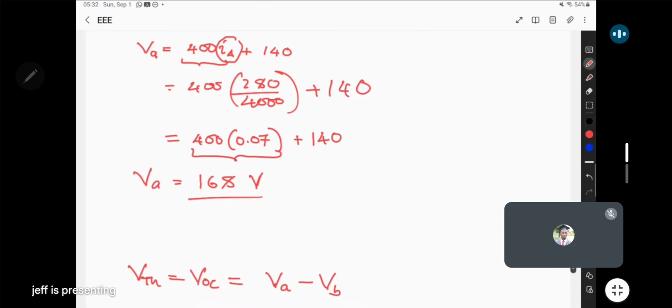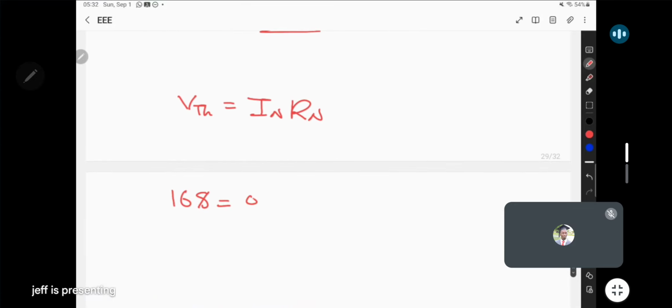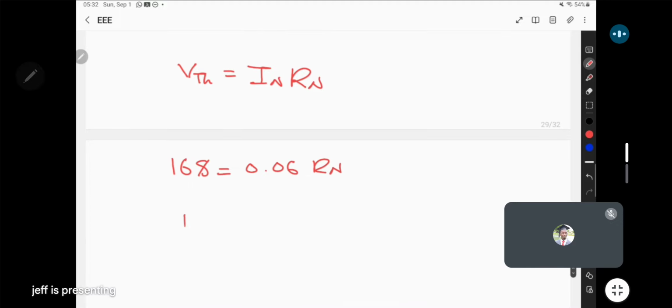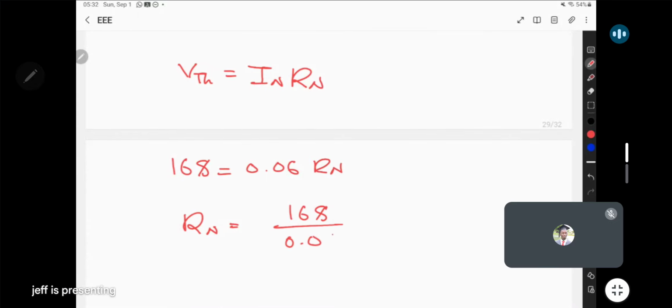So from here, we can now say R Norton will be equal to 168 divided by 0.06. So we get 2,800 ohms, or 2.8 kilo ohms.